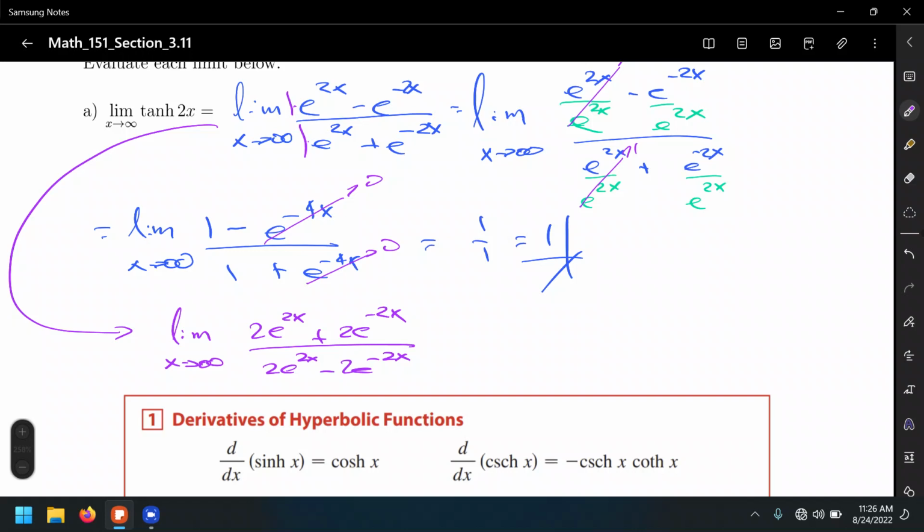In some cases, repeated L'Hopital's rule is required, but in this case, it doesn't seem like it's going to help, because if we do it again, okay, 2 times 2, 4e to the 2x, you see how these numbers just become bigger and bigger, so I don't think it's working. Question?